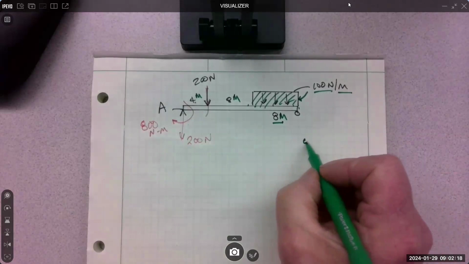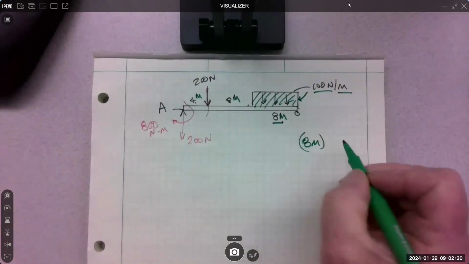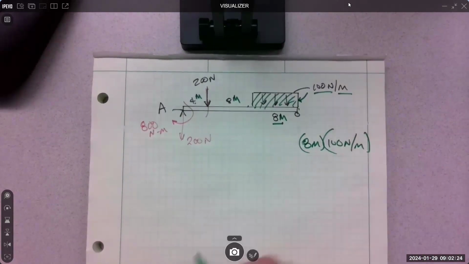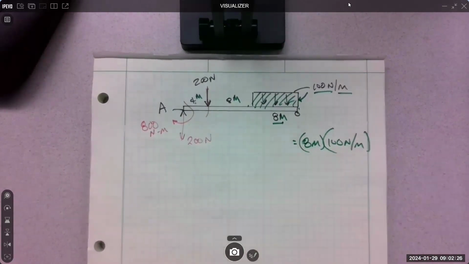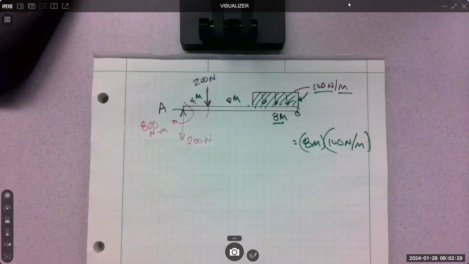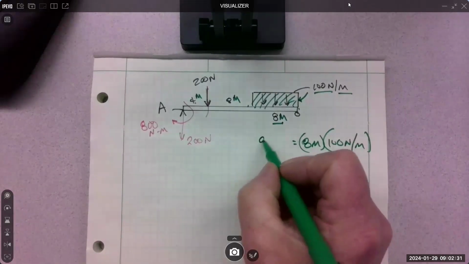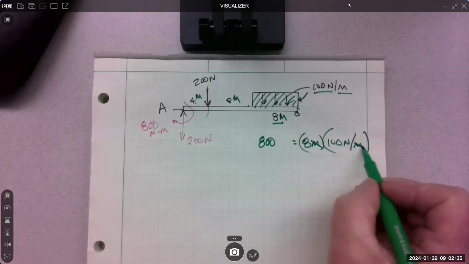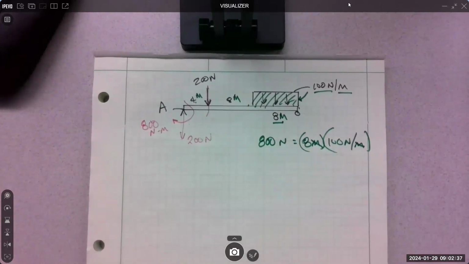We could just calculate the area of this distribution. It's gonna be 8 meters times 100 Newton per meter. And that's gonna equal 800, right? And then what happens to the meters? They cross out, we're left with newtons.